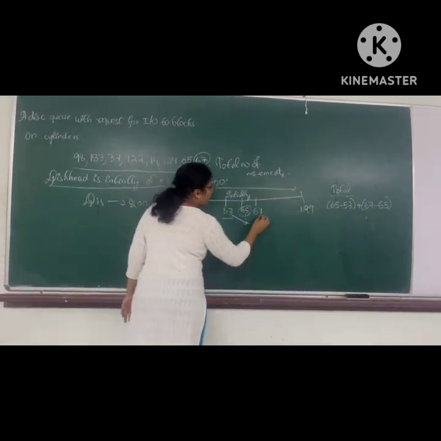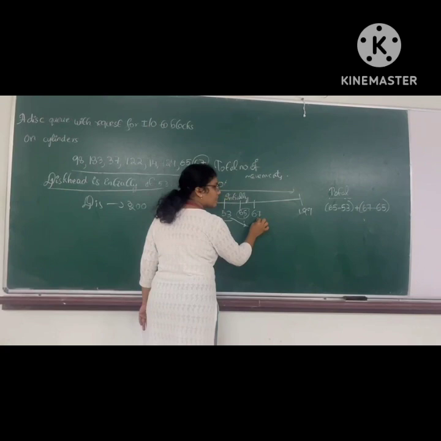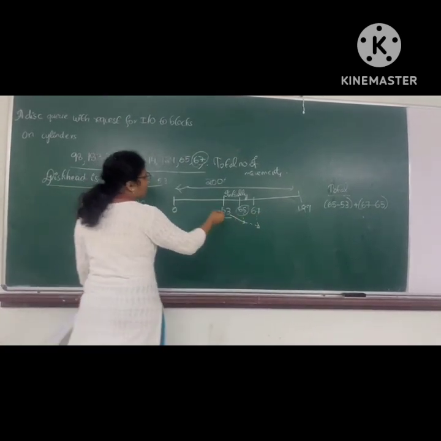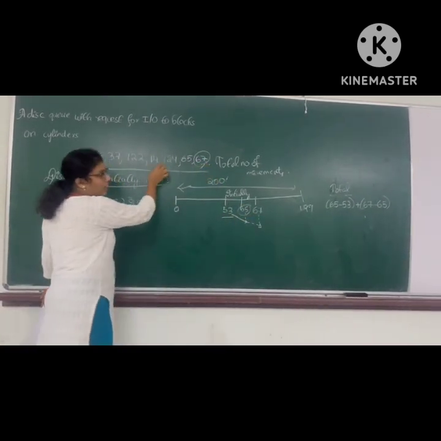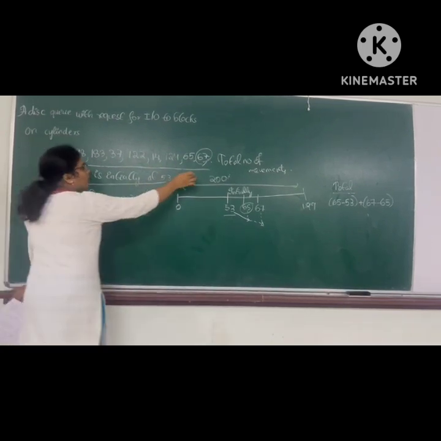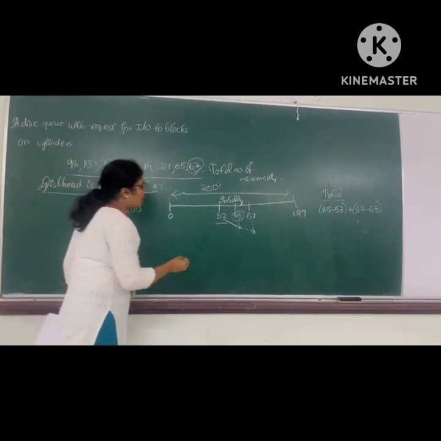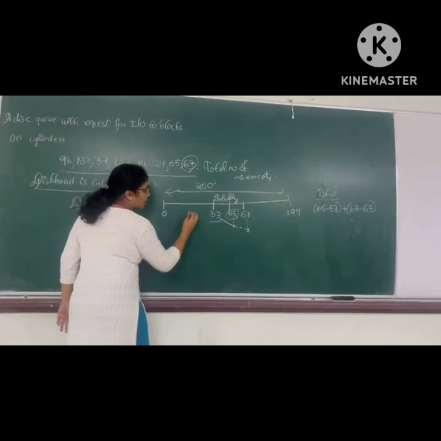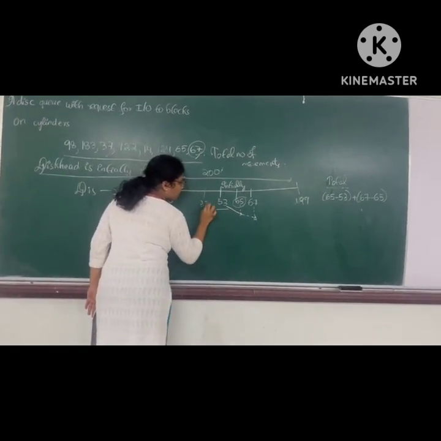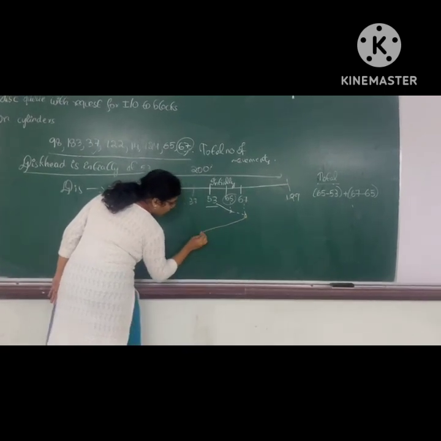And now the current read or write head is at 67. Now from 67 we have to check the nearer value in the queue. Here the nearer value in the queue is 37. So 37 is on this side, and the read or write head moves this side.